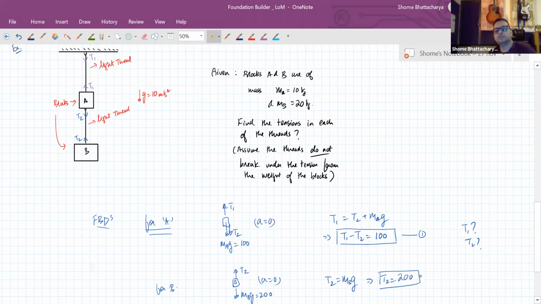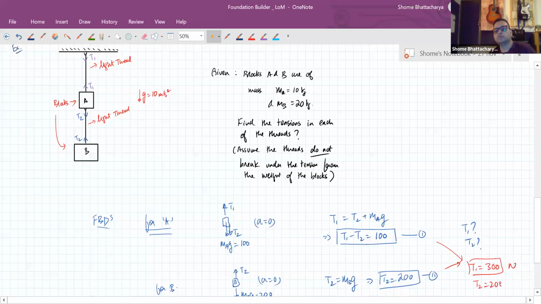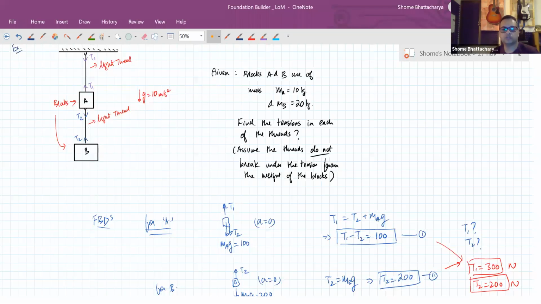That's your equation 2. Now from these two, if you just add the equations, you get T1 is equal to 300 newtons. And T2 is already 200 newtons. So the upper string has a tension of 300 newtons, and the lower string has a tension of 200 newtons.